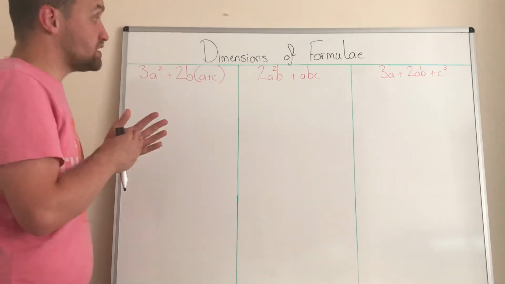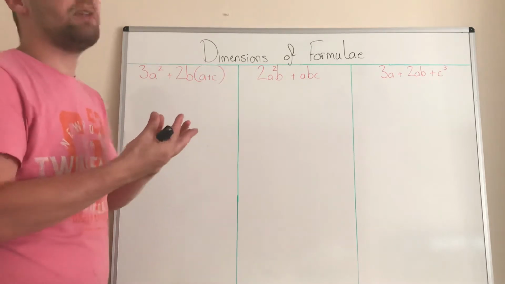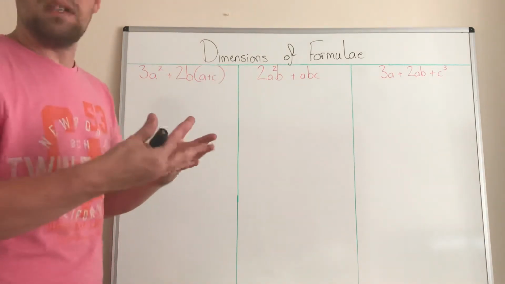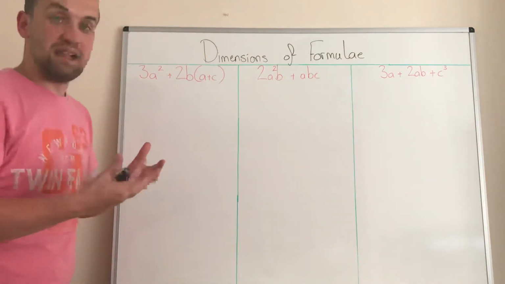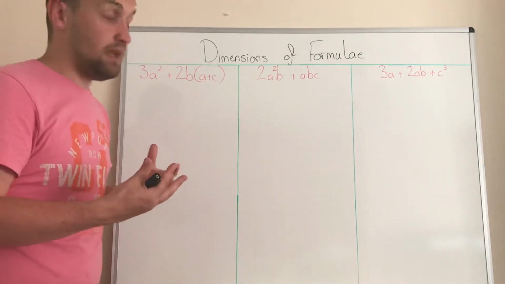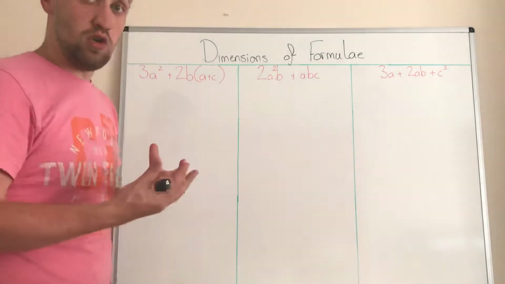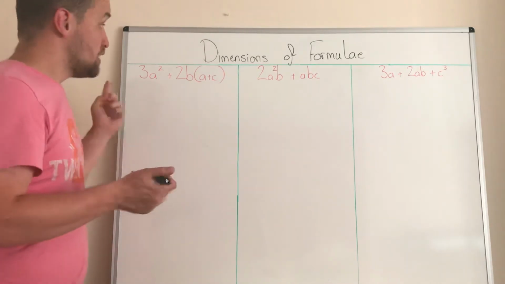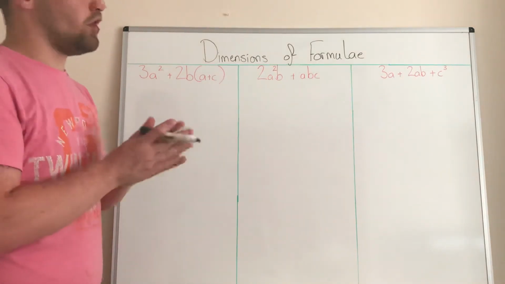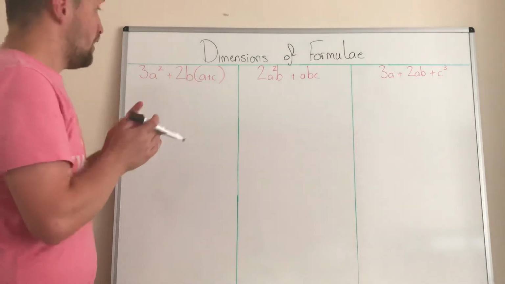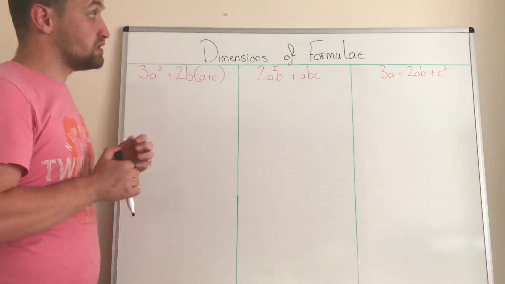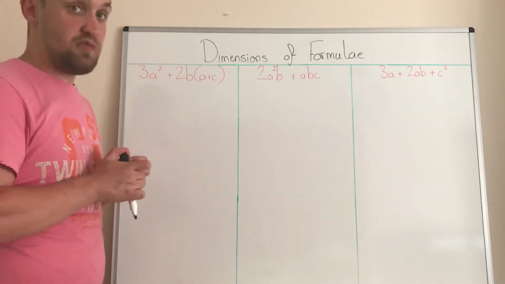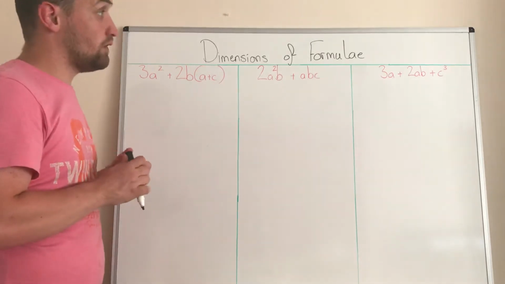If we've got something that ends in squared, say 10 centimeters squared, that links to area. And if we had something cubed, that would link to volume. So we've got three formulae, and we need to work out if each links to area, perimeter, or volume.